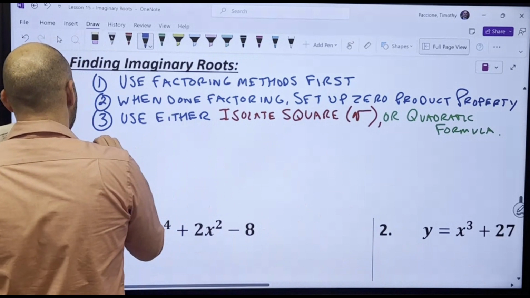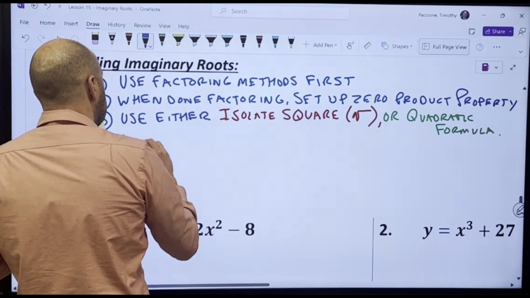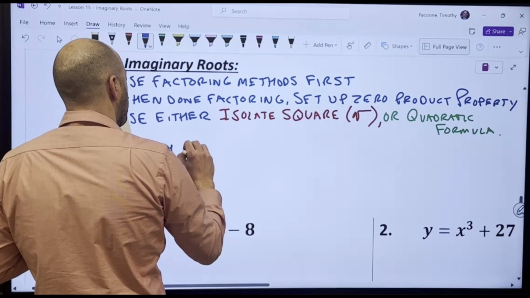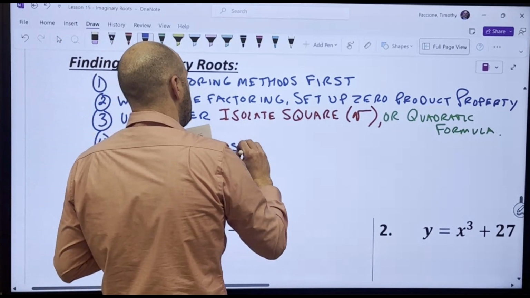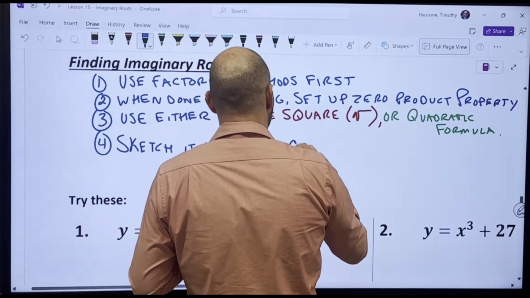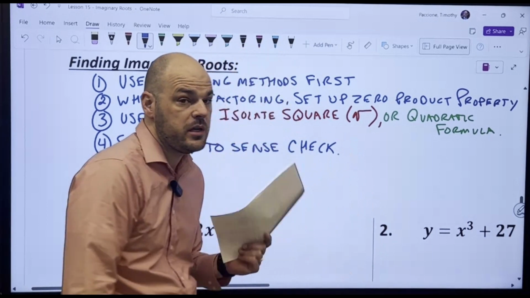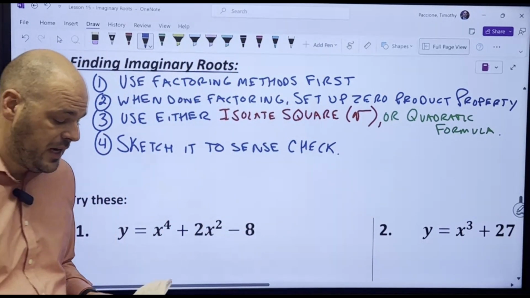And then the last thing we do, and it's kind of optional, but I highly recommend it, sketch it to sense check, to make sure it looks like what we would expect based on our results. Okay, so we're going to do a couple of examples, and then we'll be done.